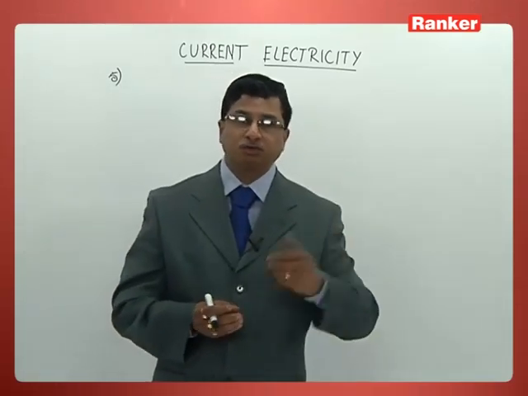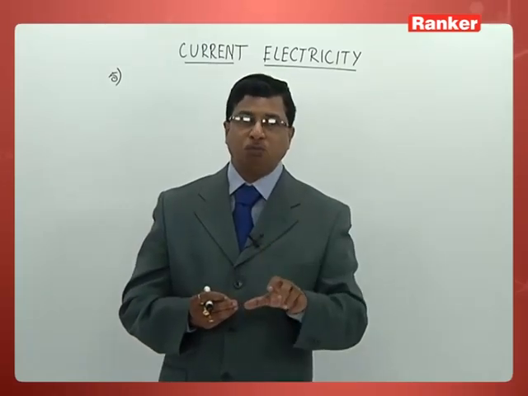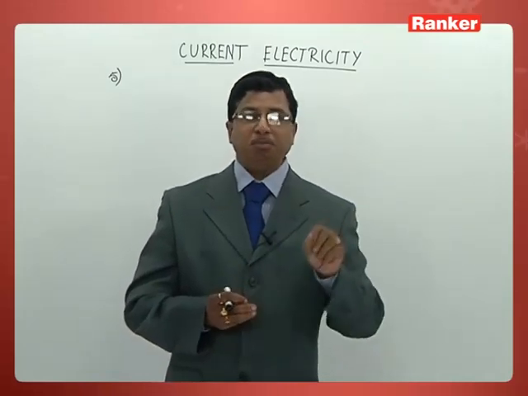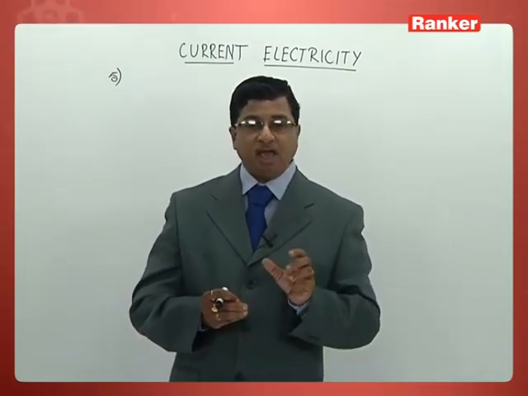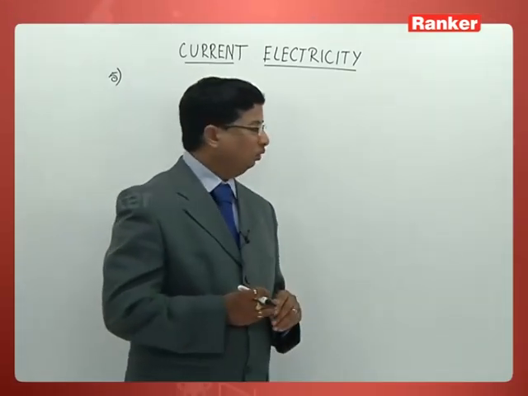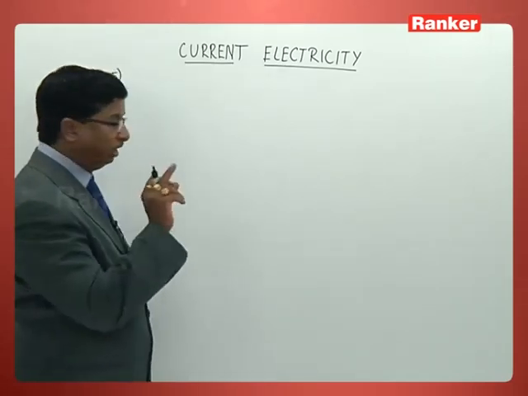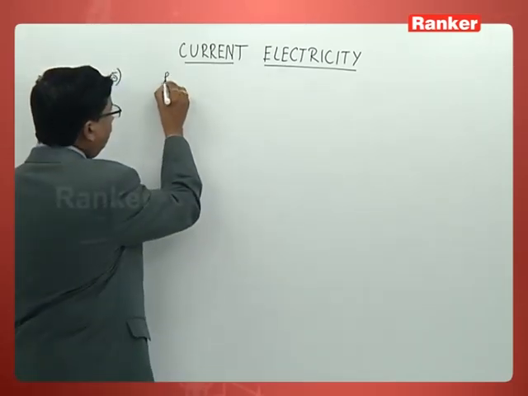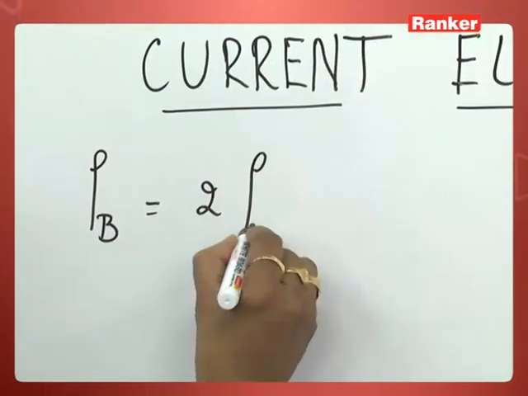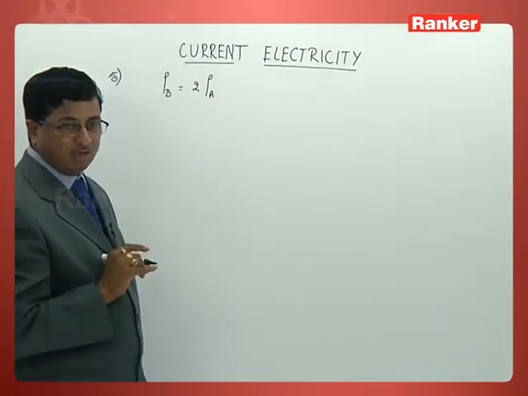All these things, of course, one can understand easily. So let us read the wording once again and write the data provided. A material B has twice the specific resistance of A. You can definitely understand from this, material B, that means rho of B is equal to twice rho of A. That is what he means.